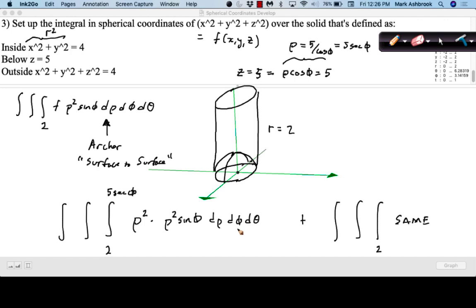When phi goes from 0 straight up to what? So the question is, where do we stop exiting out the plane and start exiting out the cylinder? So we've got to figure that out. So it's going to be at this phi angle right here. Right? At this phi angle.